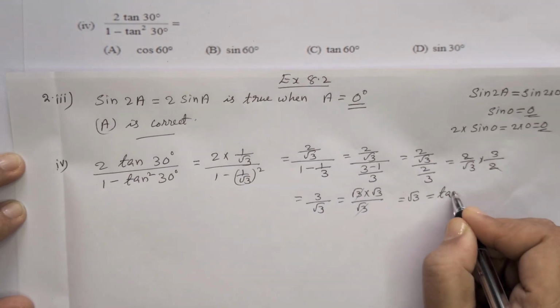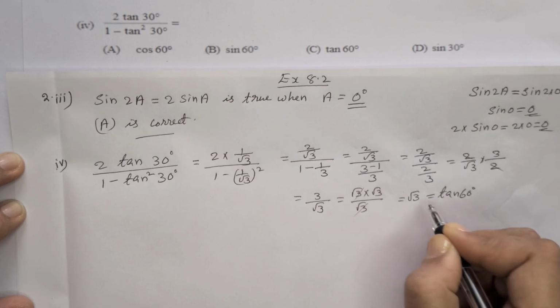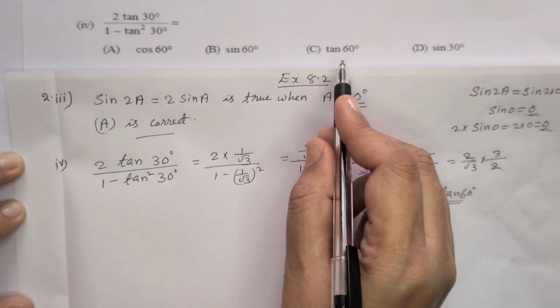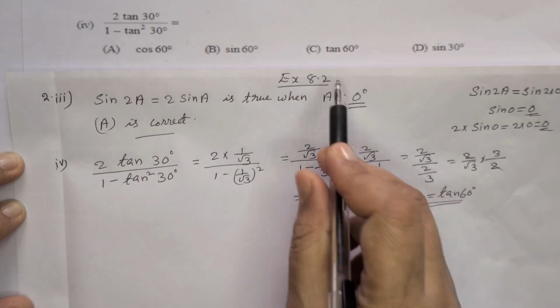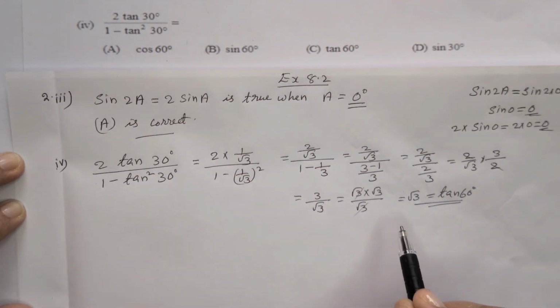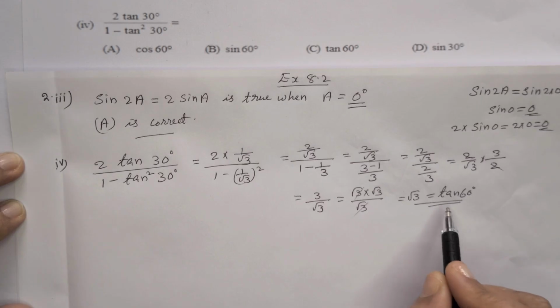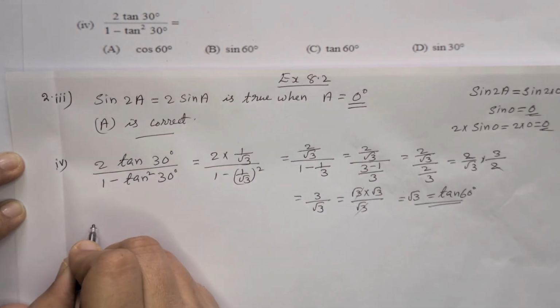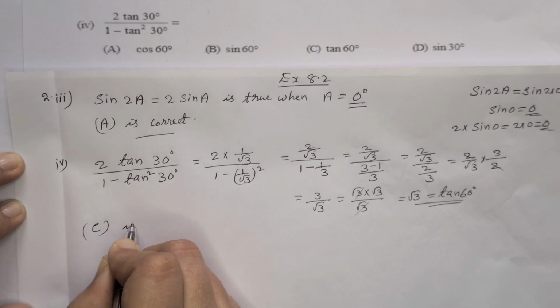We know that tan 60 degree is equal to root 3, which means here the option C is correct, tan 60. After solving this, we got the answer root 3. Comparing to the ratio values of that, we will get that is equal to tan 60. So option C is correct.